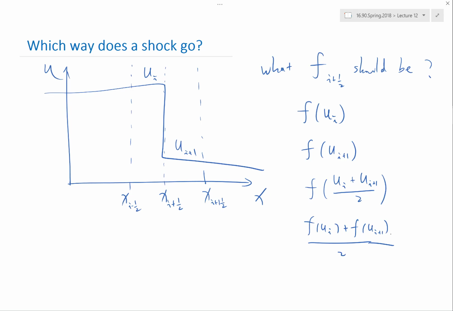If we're thinking about the flux that's acting at this point, it would be the previous one, and how it continues after that would be u_{i+1}. But if we're talking about the flux ending at this point, I think the previous one would make more sense. You think the previous one makes more sense, you think the after one makes more sense. Okay, so it seems everybody agrees these averages are not correct.